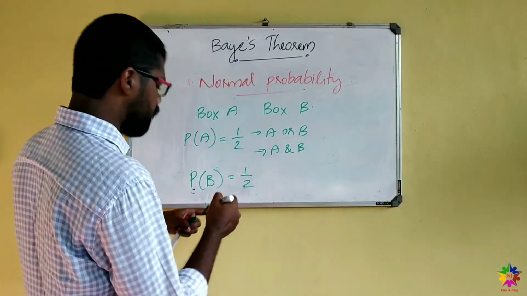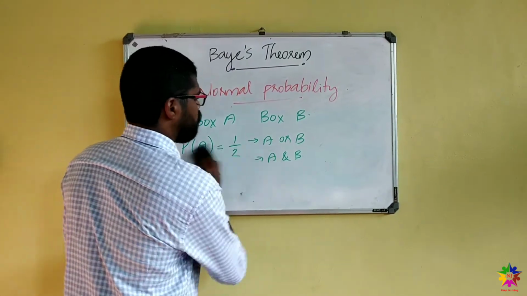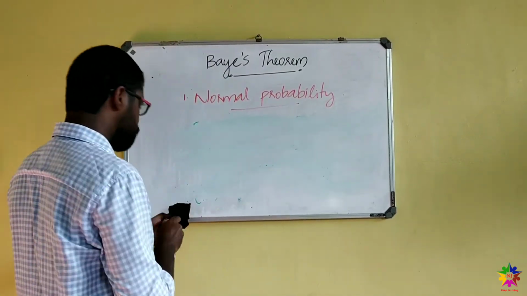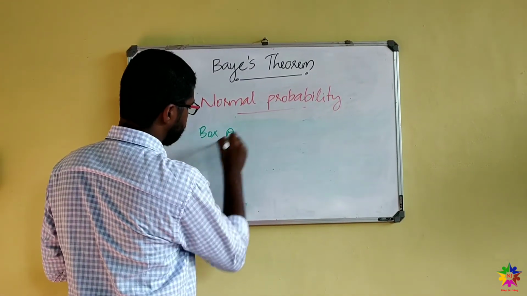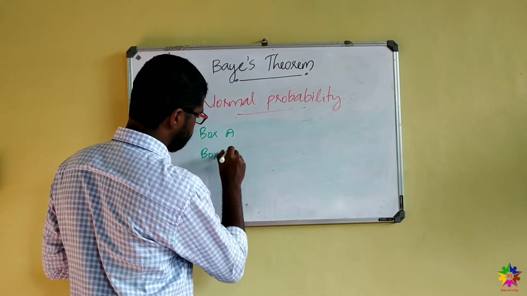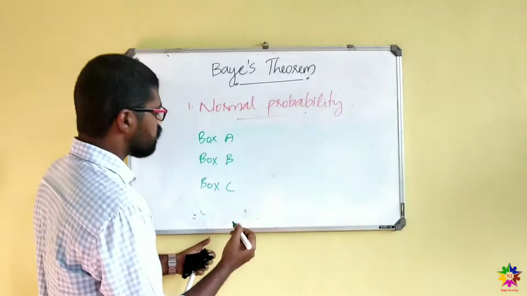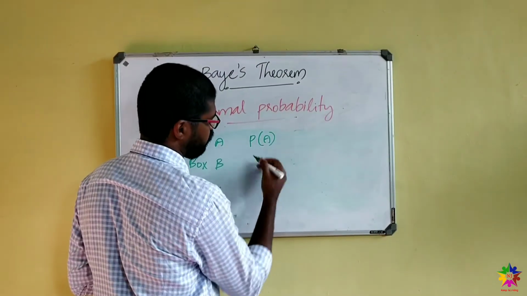And suppose there are three boxes, box A, box B and box C. Now, what is the probability of choosing box A?